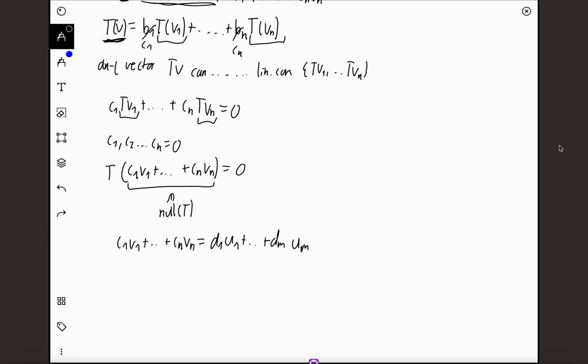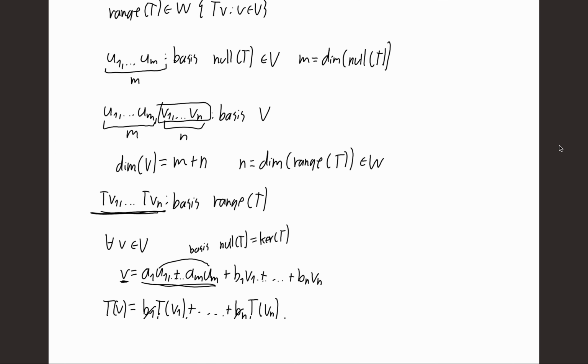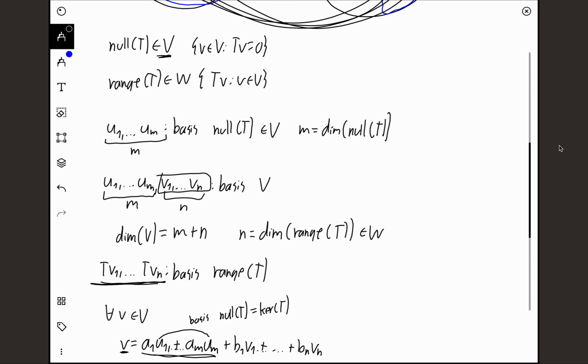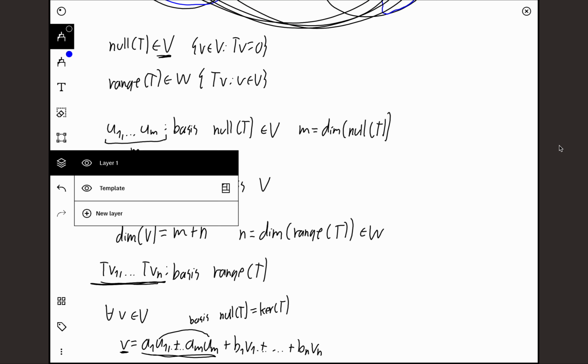But now we can quickly see, if we put all the vectors on one side, like c1 v1 plus ... cn vn minus d1 u1 minus ... dm um equals 0, we just put all of these on one side, and this equals 0. Well, we know that the vectors u1 to um and v1 to vn make a basis. As we said, when we scroll up, these vectors are a basis for V, and if they're a basis, they're linearly independent.